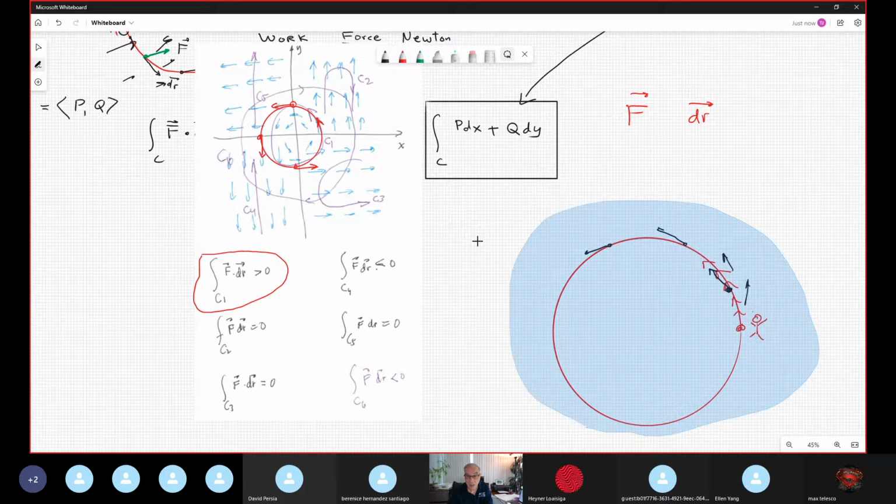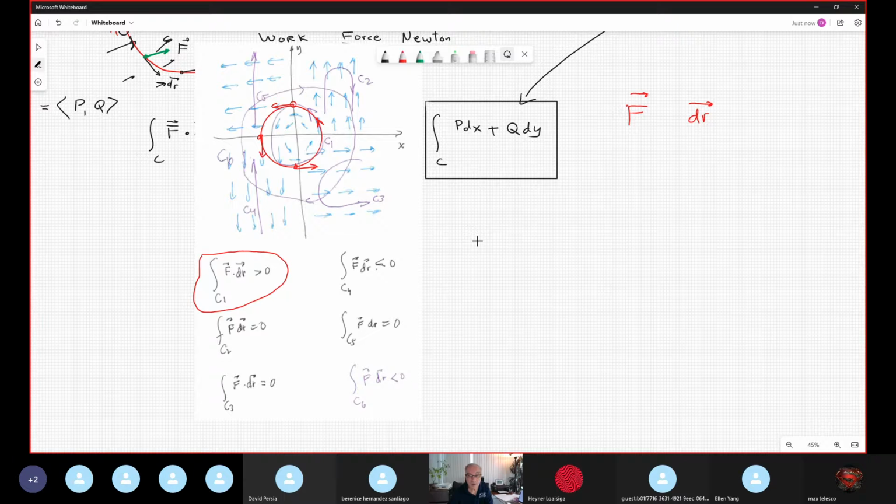No problem. Now, suppose the curve C2, which is actually not closed, it's like that. In this direction. So you see when you go up, it's the same value, the same orientation.